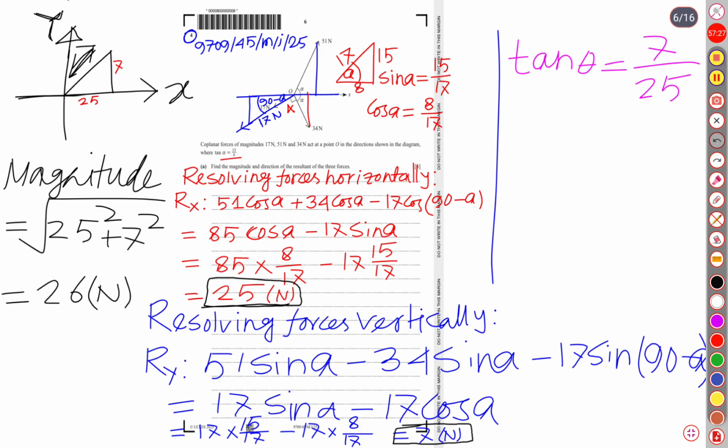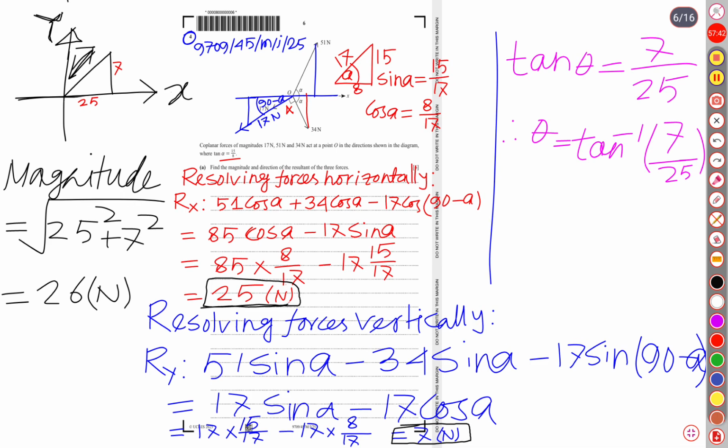Hence our theta is going to be tan inverse of 7 over 25. Using our calculator, tan inverse of 7 over 25 is 15.6 degrees.